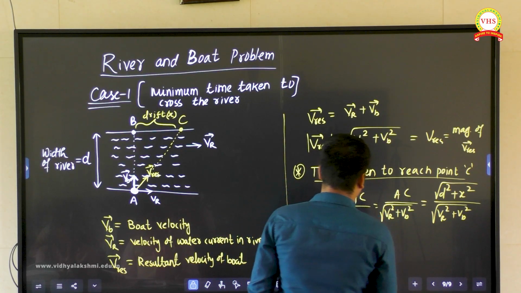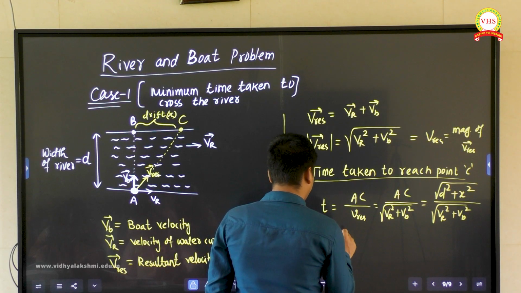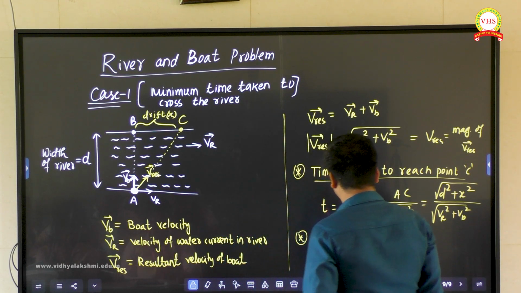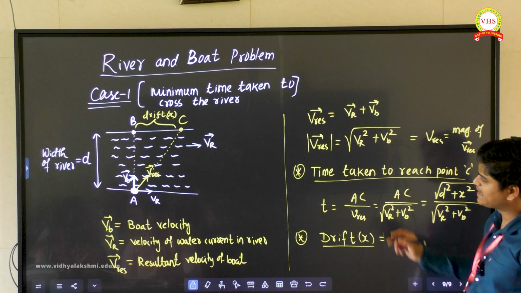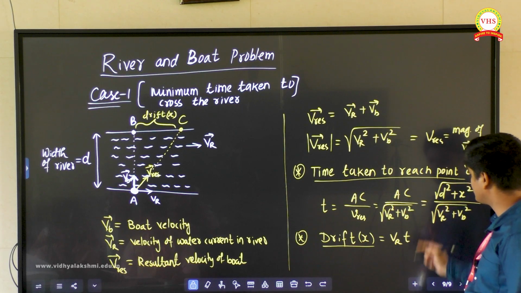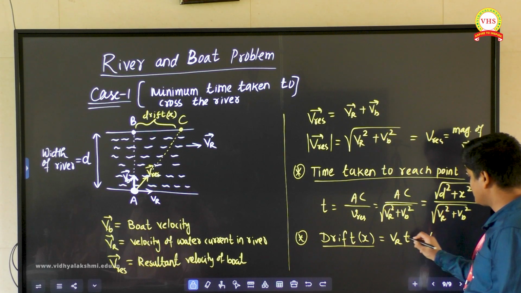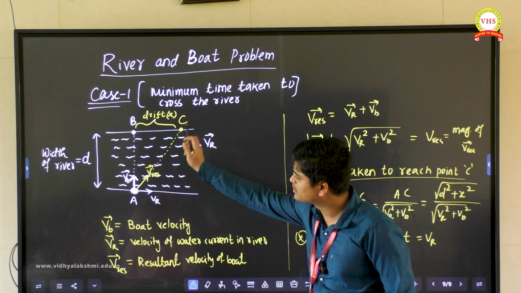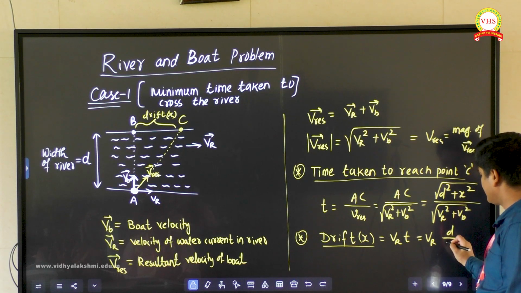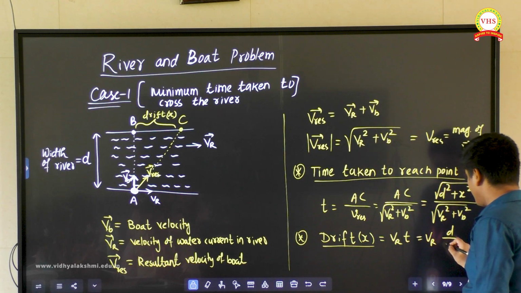So what is your drift here? Drift X is the river velocity into whatever time taken, T. The time taken to reach from A to C is the vertical distance AB, that is D, divided by the boat velocity in the vertical direction, V_B.